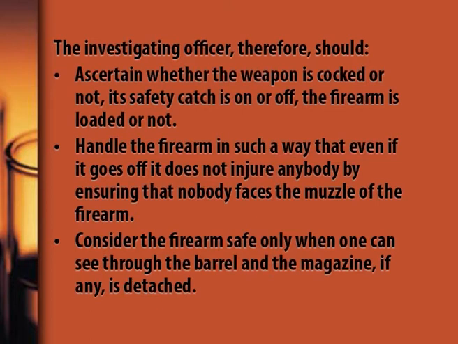Handle the firearm in such a way that even if it goes off, it does not injure anybody by ensuring that nobody faces the muzzle of the firearm. Consider the firearm safe only when one can see through the barrel and the magazine, if any, is detached.